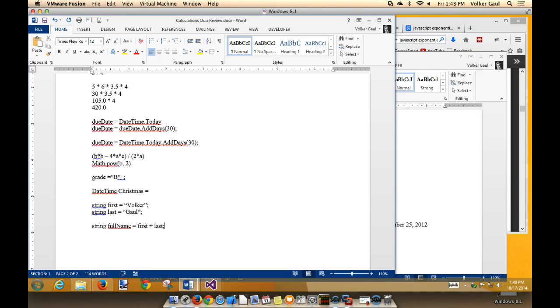It's a calculation with strings. But those are smushed, right? Remember the technical term smushed? If I want to, I can concatenate other things, like a space, not an empty string, a space. And now I'll get Volker space Gall. And I can even calculate 1959 if I want to, for whatever reason.